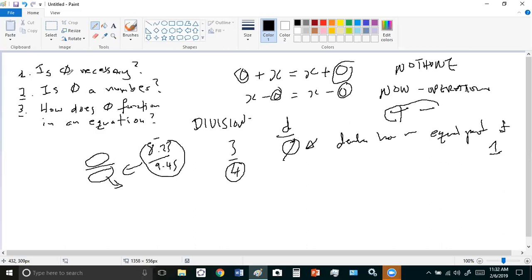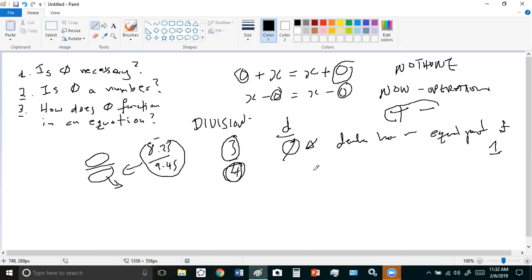Okay, so we won't worry about that, but we'll still stay focused on this. So always this denominator tells us how many equal parts of 1 that we're dealing with, and 3 enumerates how many parts of those to give us the number.